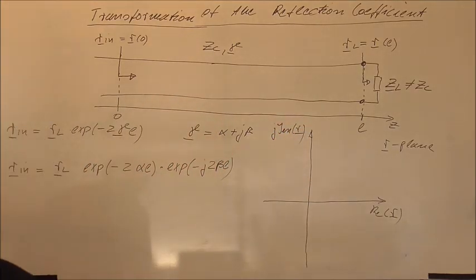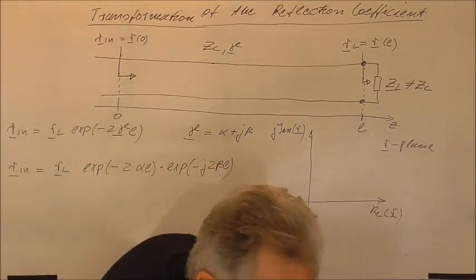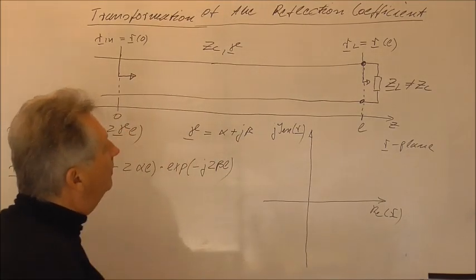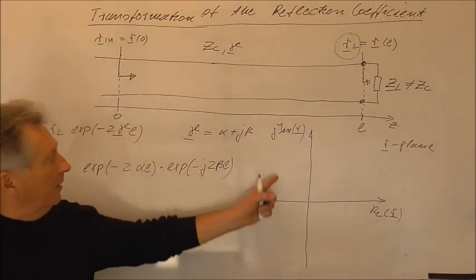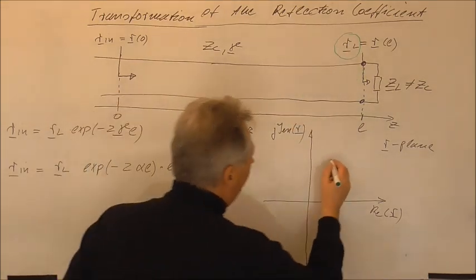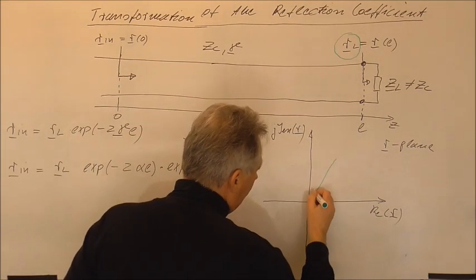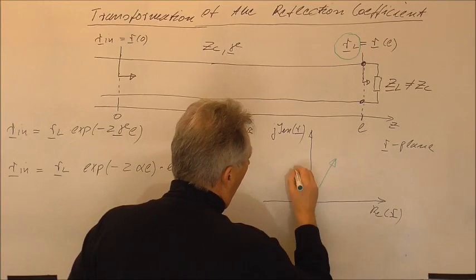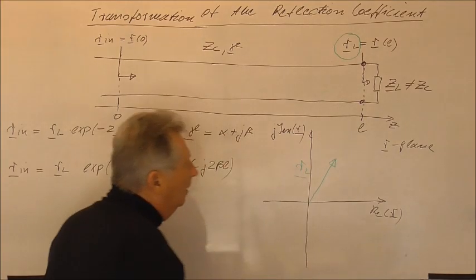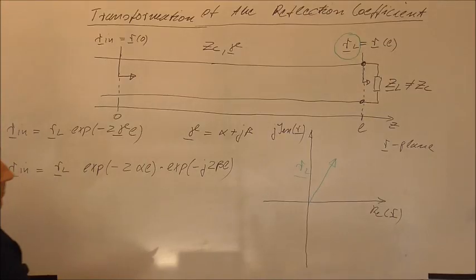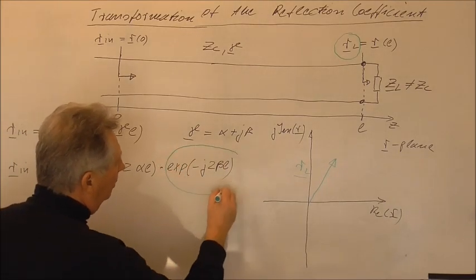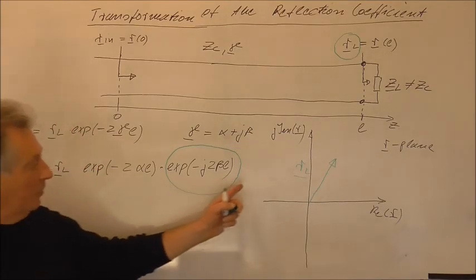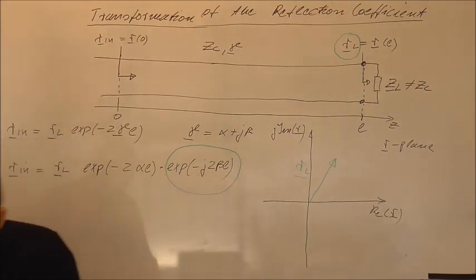And of course now our load reflection coefficient will show a certain value in this plane. This means I can draw it as an arrow in this plane. For example, I draw it like this. I assume this to be RL. And now we see that we have in principle two terms. Of course, this term will do a rotation of the reflection coefficient in clockwise direction.